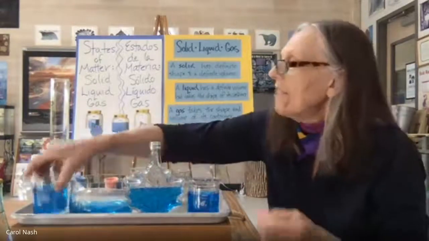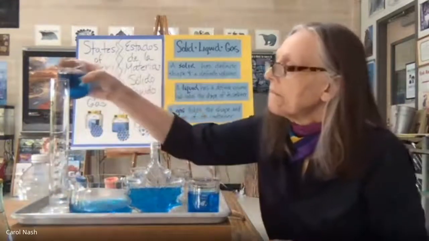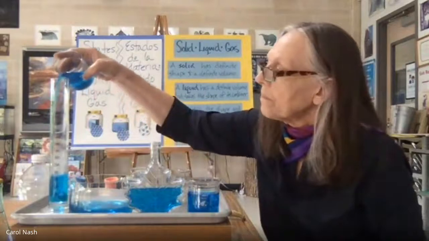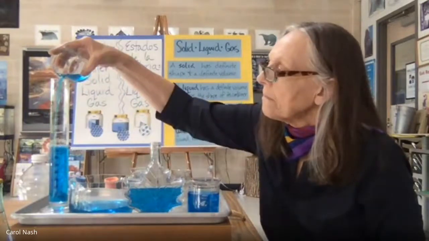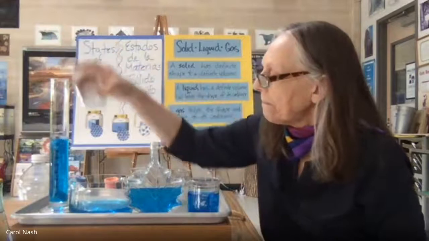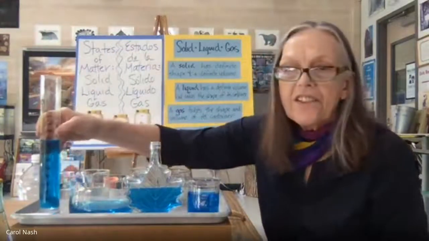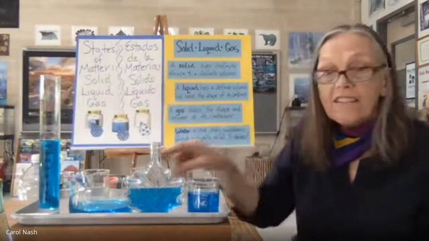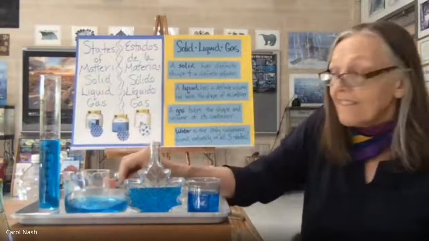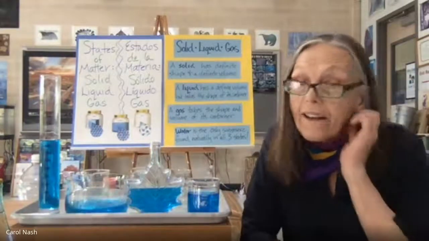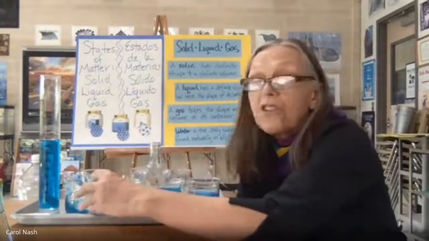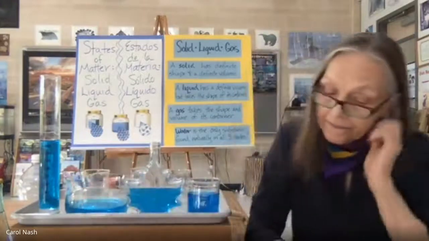And the graduated cylinder. There we go. So if you just looked at these, you might not guess that they all actually had the same amount of liquid in them. The liquid just took the shape of the container.